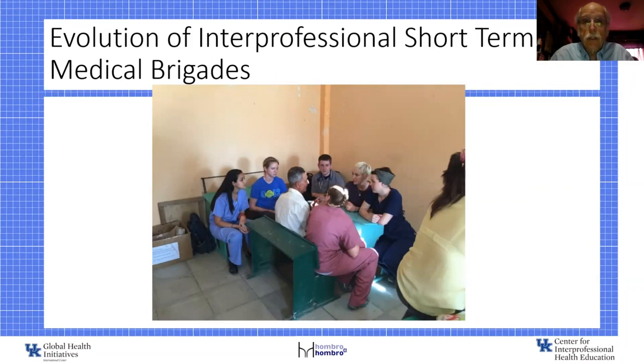This was challenging initially to pull together in a busy brigade, because our brigades may have as many as 50 to 70 participants, and we may see up to 1,000 patients in the week that we're there. But this was our initial pilot. And in a few minutes, we'll go over how we've expanded this model, and we actually just got back from a brigade that did a comprehensive interprofessional team concept that we'll talk about.